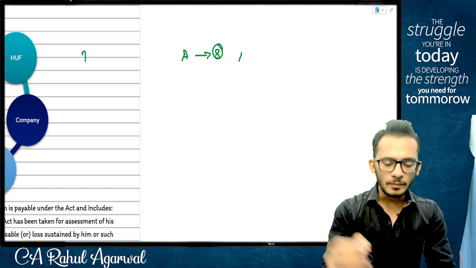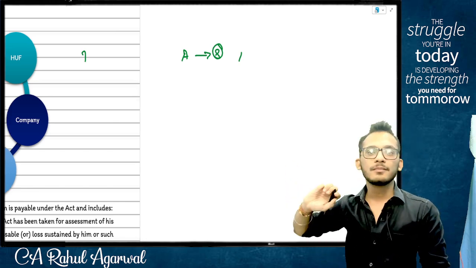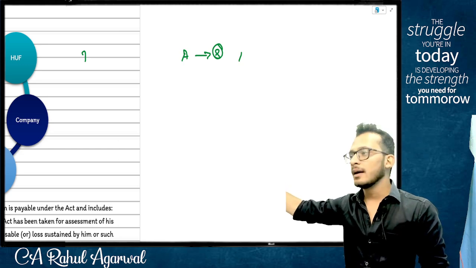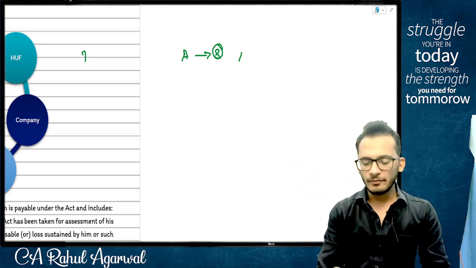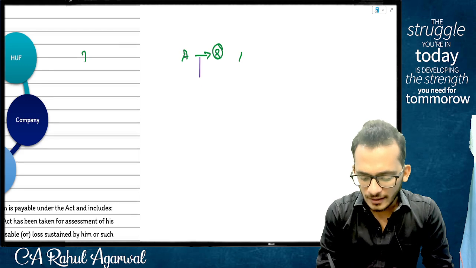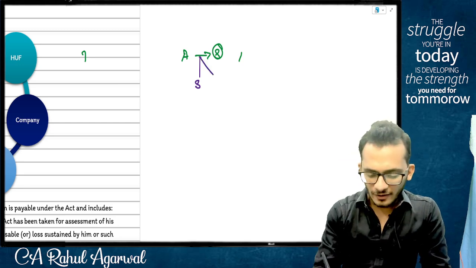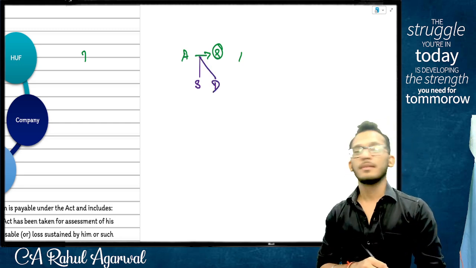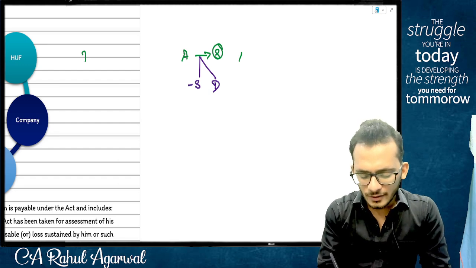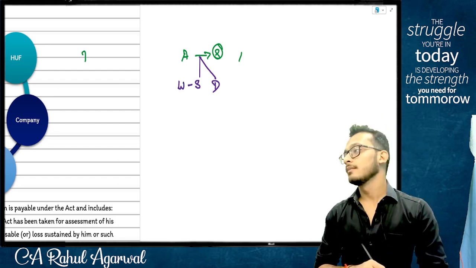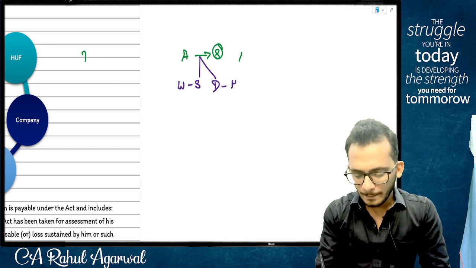Two people I already told, A and spouse. A is karta, spouse is HUF member. A and spouse gave birth to a son. Member, not member? Gave birth to a daughter. Member. Son married to a girl. Daughter married to a guy.